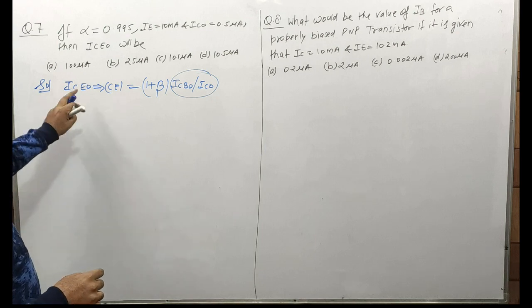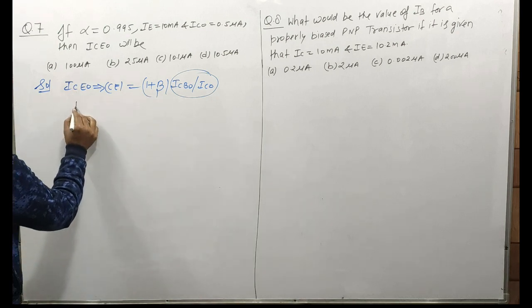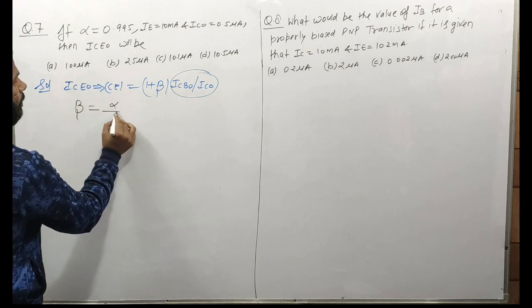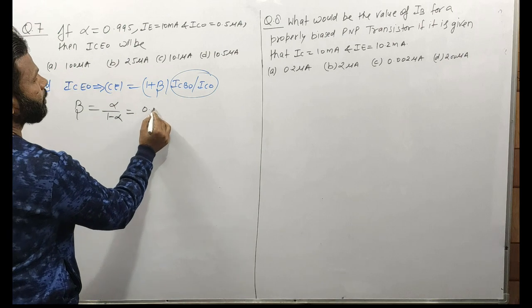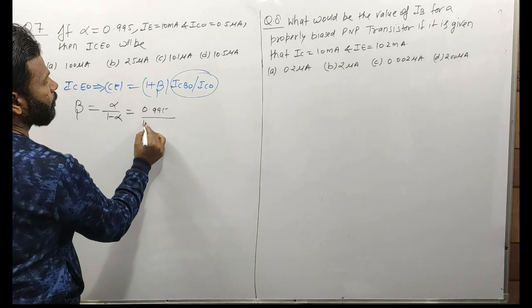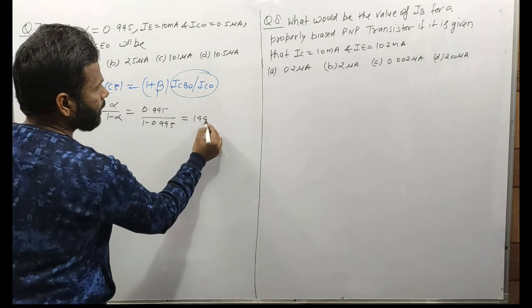So for calculating of ICO we require beta. No, but alpha is given, so beta is alpha upon 1 minus alpha. Then you calculate alpha 0.995 upon 1 minus 0.995 and it comes out to 199.